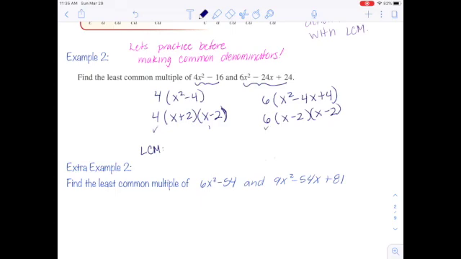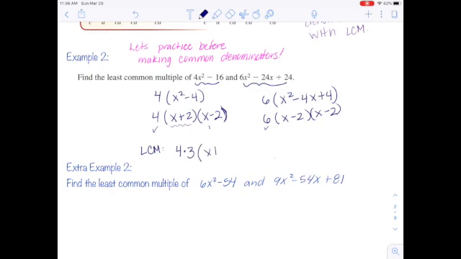We've got a factor of 4 and a factor of 6. 4 is 2 times 2, and 6 is 2 times 3. So the 2 times 2 is what we're going to take, and the 4 takes care of the 2, but we need a factor of 3. And then just go one by one.